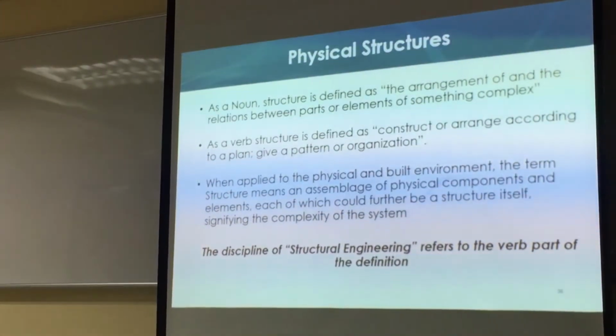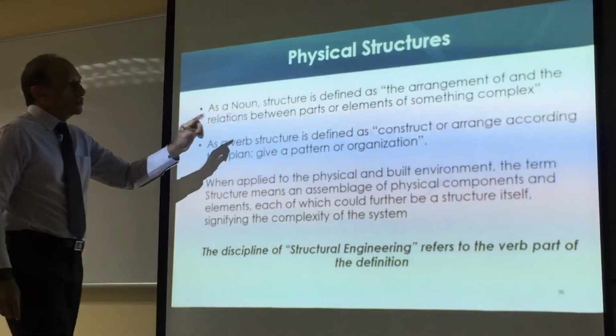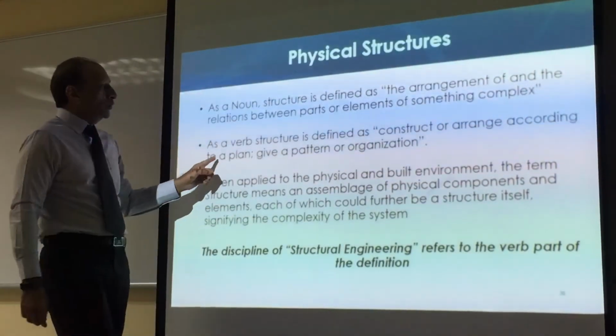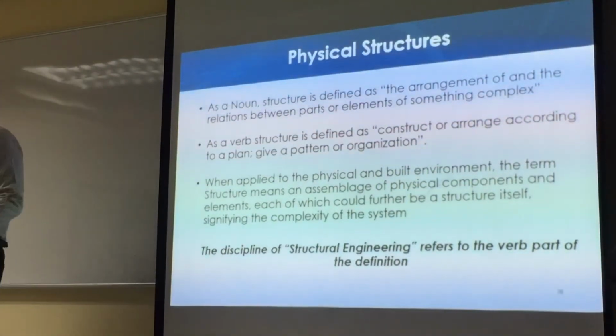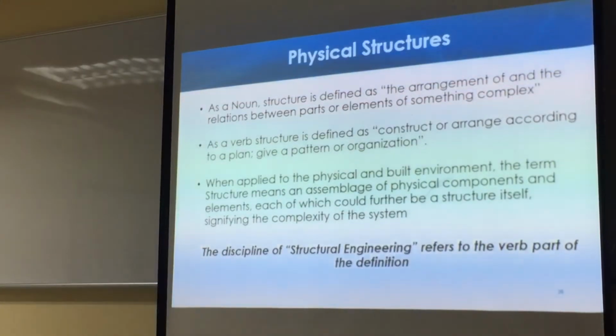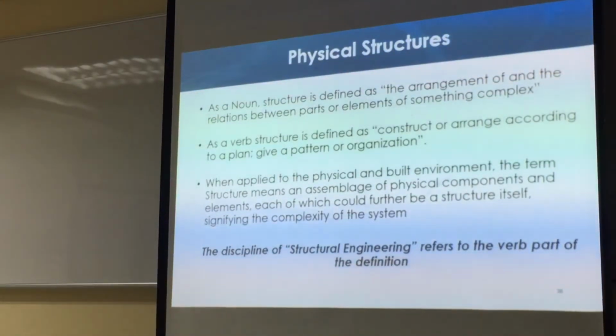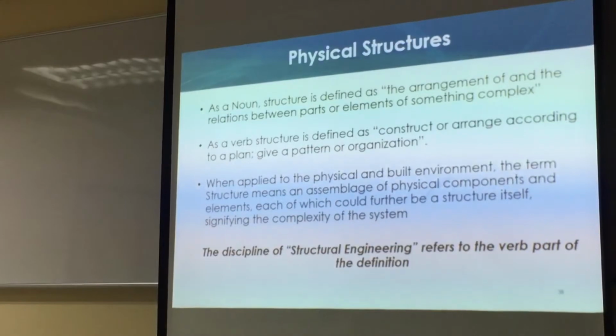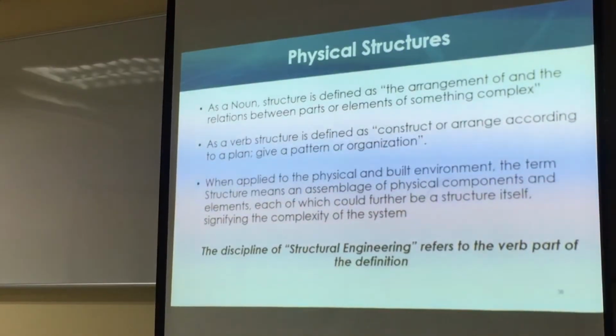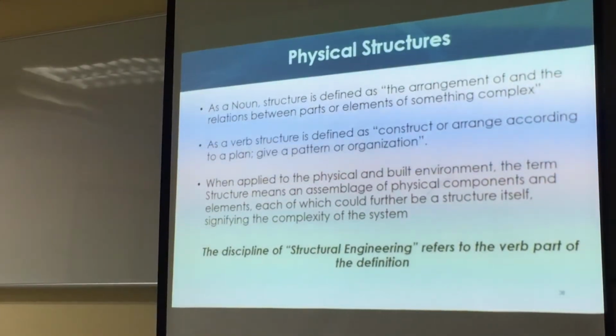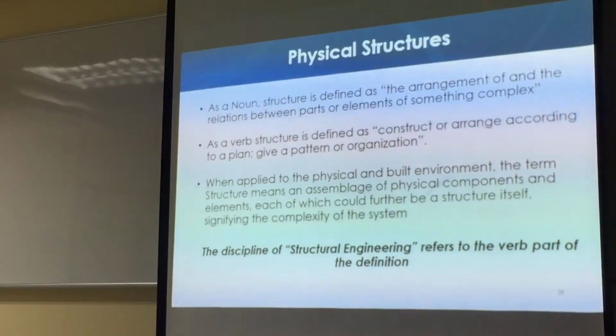So as a verb, this is defined as construct or arrange according to a plan. So if you look at the definition, structure for us means that we are going to construct or make something according to a plan. So it is already planned and then you make it. It's not randomly done. That's why it's a structure.